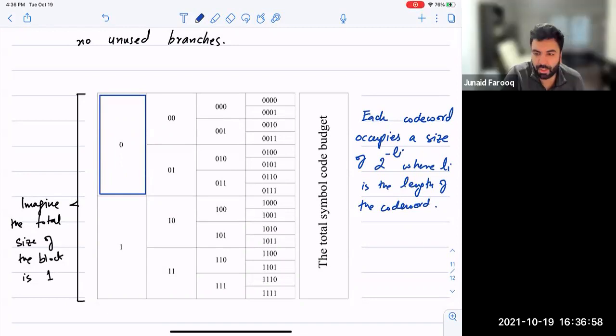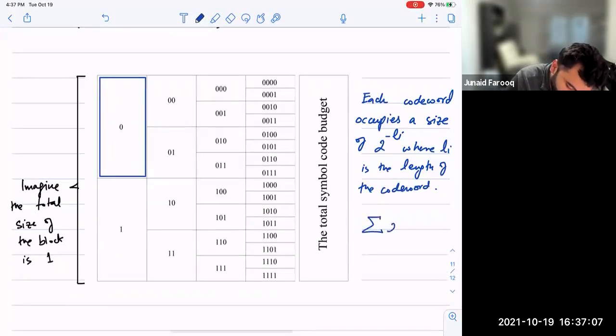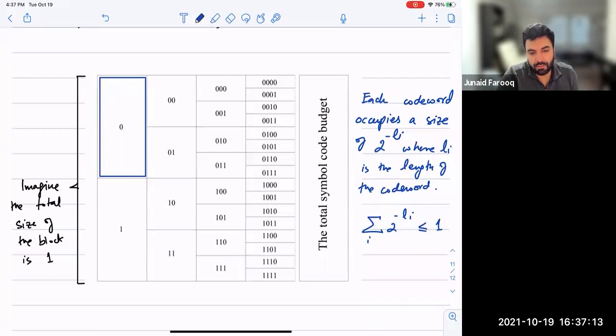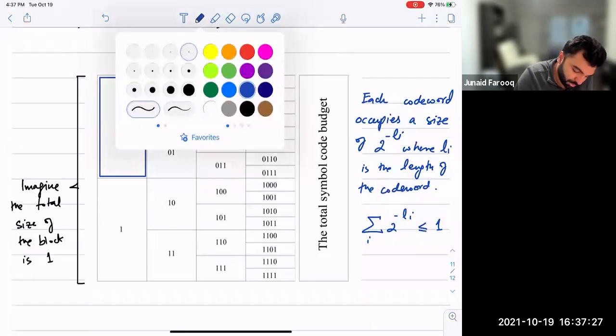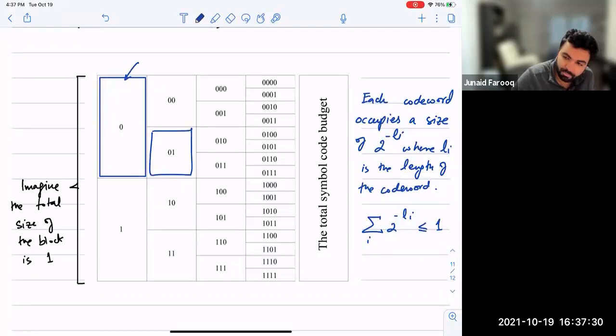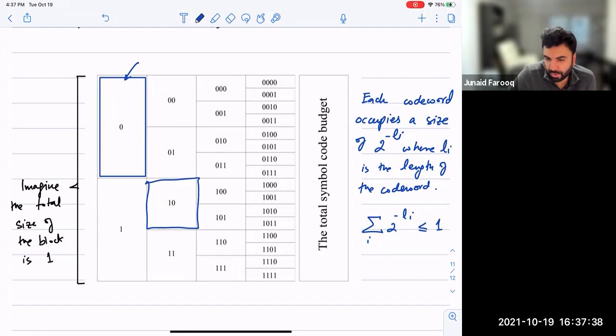So we can only have code words that add up to 1. What we said is the summation of 2 to the power minus Li is at most 1 if things are uniquely decodable. And for unique decodability, you cannot have codes that are on the same branch. So if you picked this block here, you cannot pick this one. Otherwise, it's not going to be uniquely decodable.